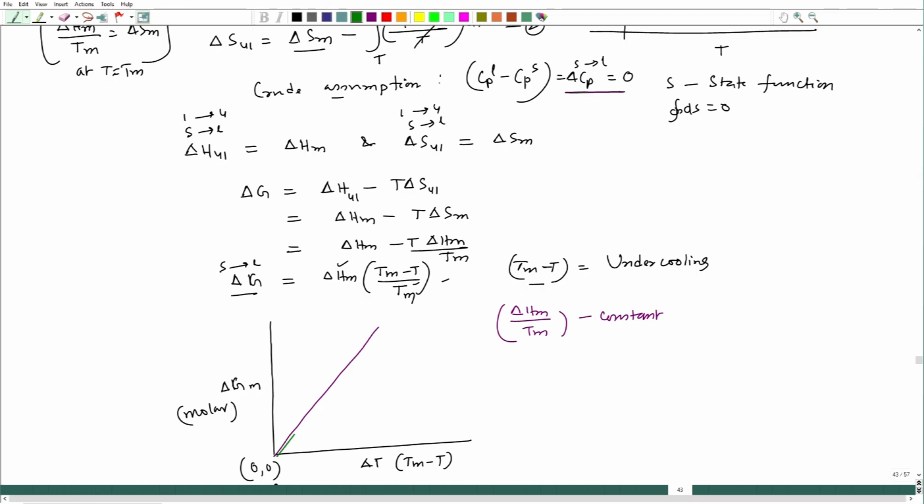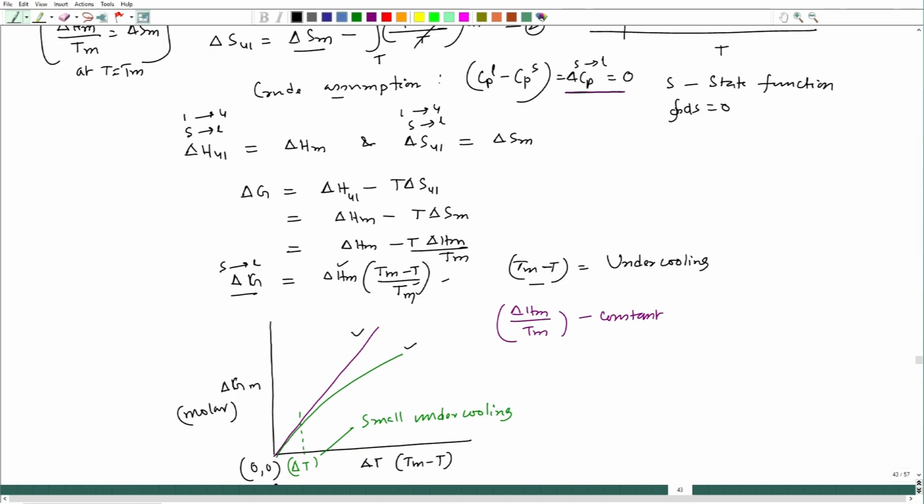So it would be like this. So up to a certain delta T, which is small undercooling, these two values, this is crude and this is experimentally measured Cp, merge with each other.